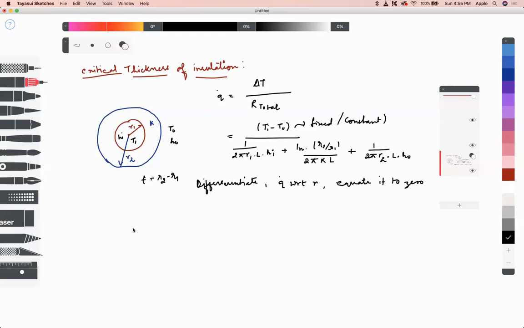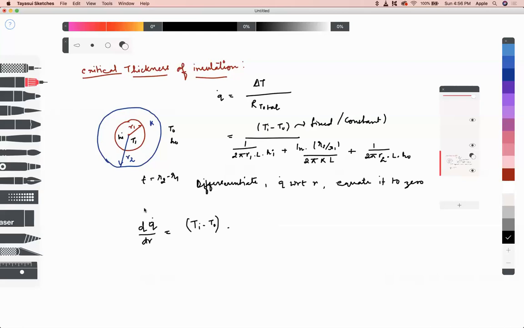Okay, so if we do that, initially you will get dQ dot by dR. Ti and T naught are constant, so they will just come out.